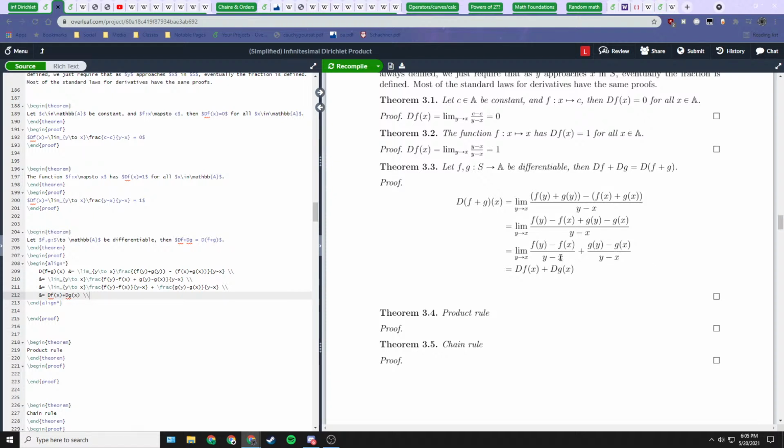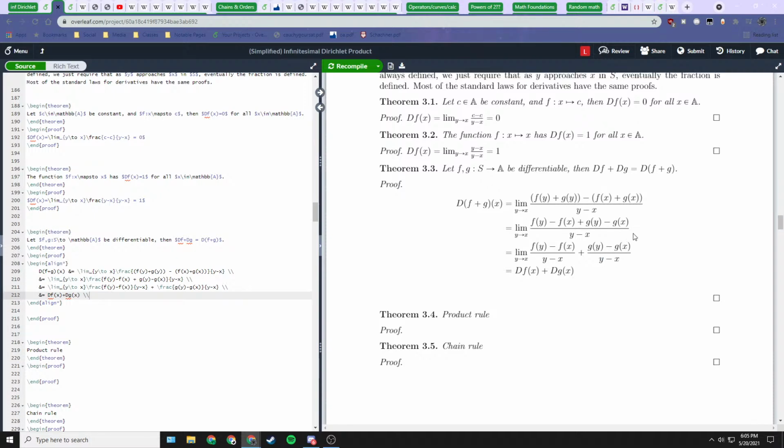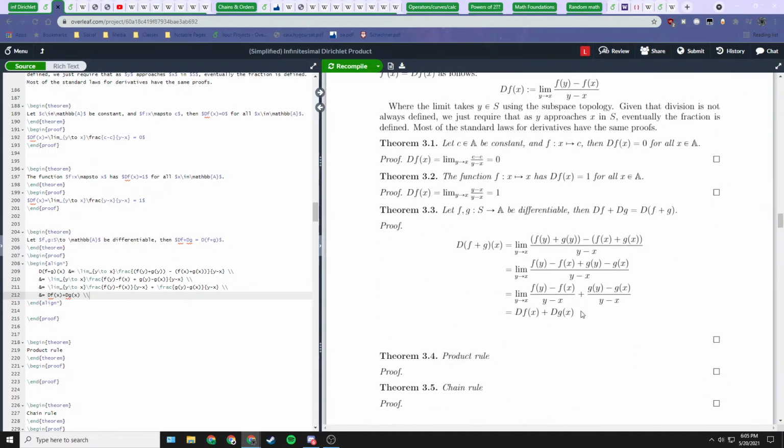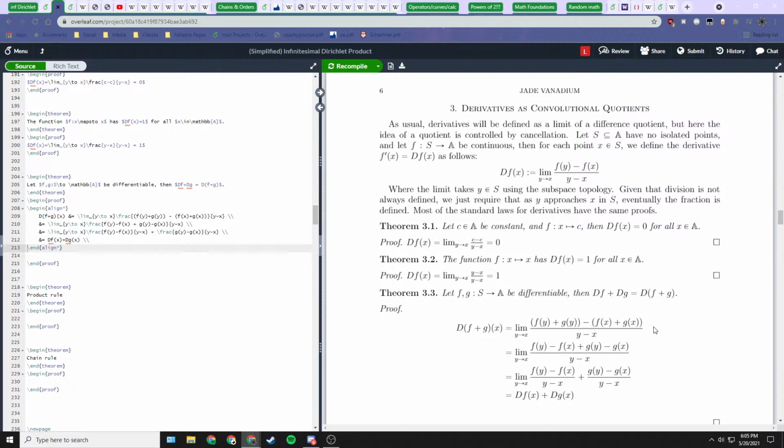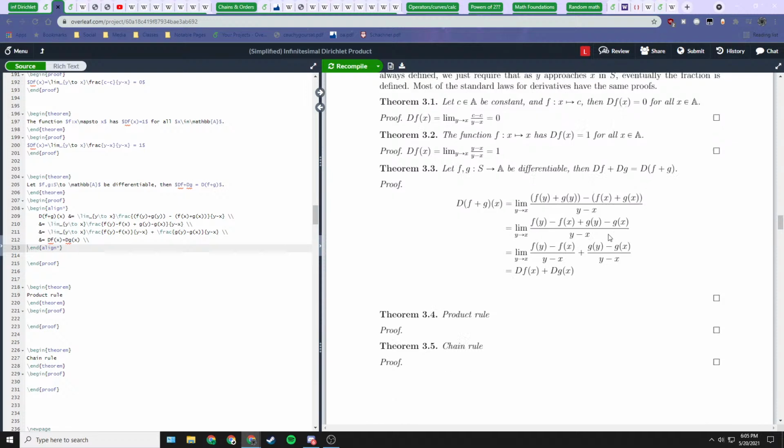If we have something that can be divided by something else, and we add something else that can be divided by something else, we can merge the fractions in this context. You can probably prove that one from the definitions of proportionality. So the fact that we maybe can't always divide things is okay, because we've assumed by premise that both of these are differentiable, that the derivative limits do exist.